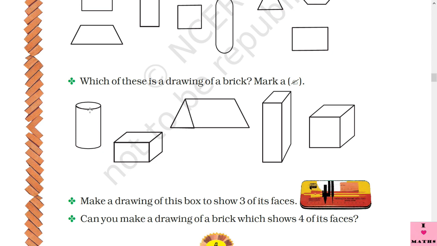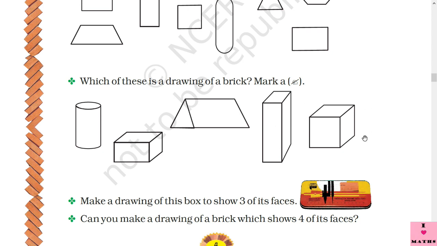Our brick does not have any curved face. This is a cuboid. This looks like a pyramid. This is also a cuboid. Out of these two cuboids, I think this one resembles the brick more because it has one very long side.